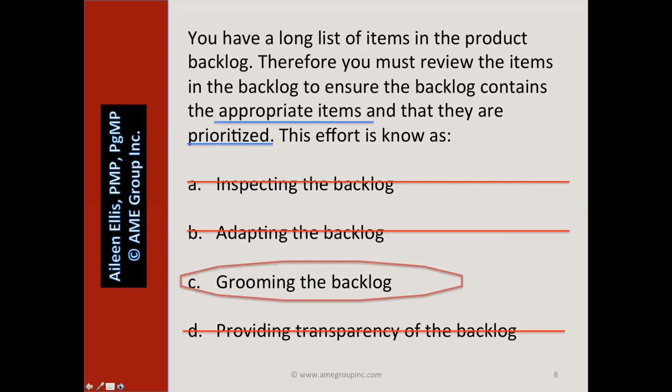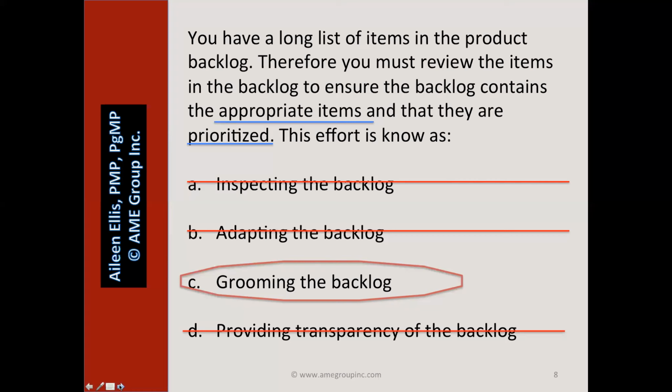Grooming the backlog, when I think about this, lots of things go on when we groom the backlog. For me, I think, are there any user stories that should be removed from the backlog? Are there new stories that should be created? Are the priorities okay, or should we change the priorities in the backlog?